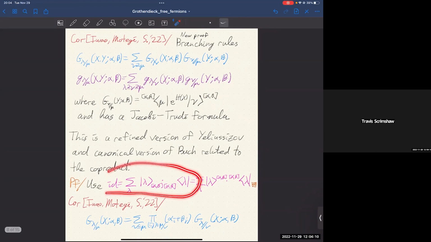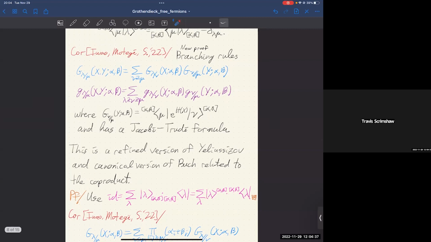So we just use an identity operator like this because we have an orthonormal basis. So if I pair with lambda, and that gives me my coefficient of lambda, then, you know, orthonormality, linear algebra.